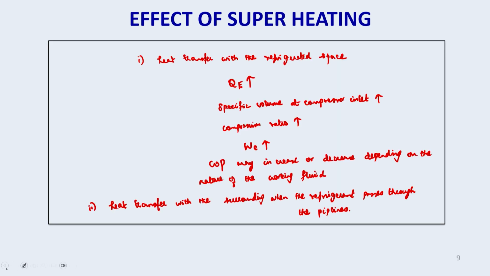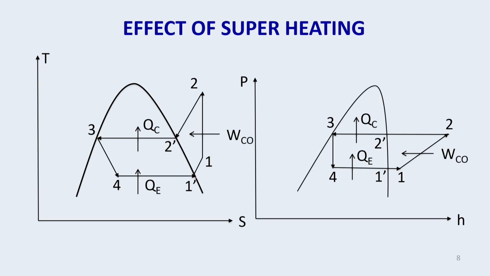So here the degree of superheat is 1 dash to 1. Again here this is the evaporator temperature. This is the condenser temperature. This is the degree of superheat. So T1 minus T1 dash is the degree of superheat.